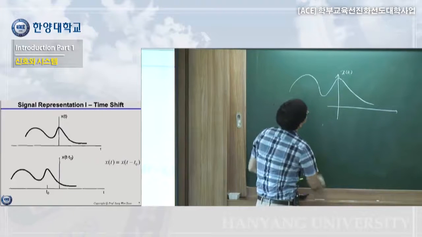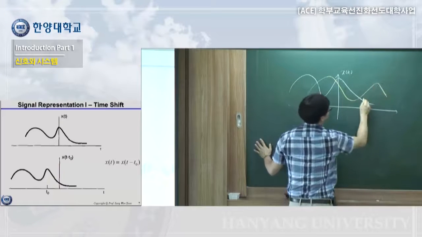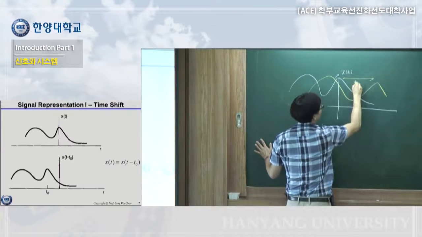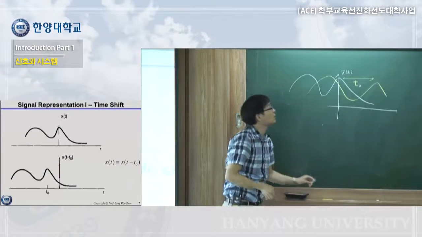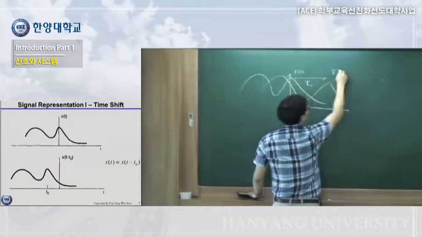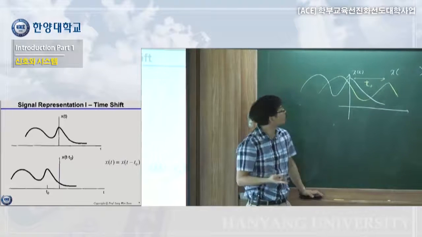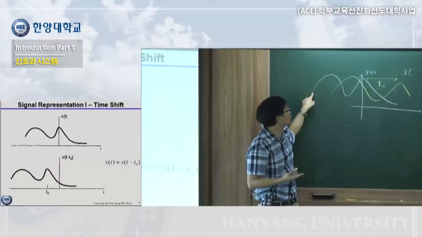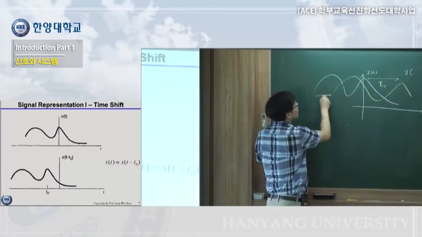If you want to know this one shifted to here by, say, t0, how can we define this yellow signal? We can think in this way: they are moved to the plus side. So we can think that this signal is delayed, right? They're delayed by t0.